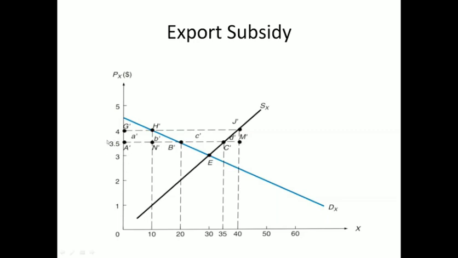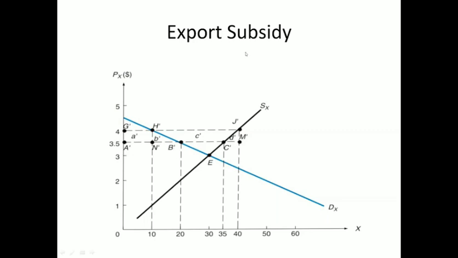Now, if $3.5 is the free trade price, the consumers of this economy are consuming 20x of the commodity and the producers are producing 35x of it. It means 15x, B-C, is being exported in the world economy.